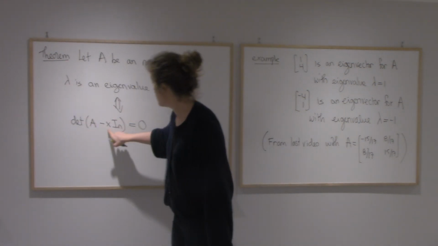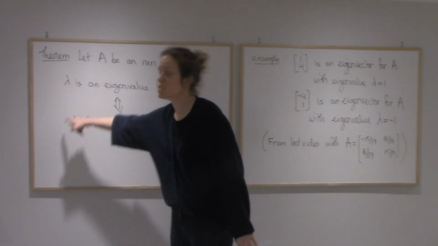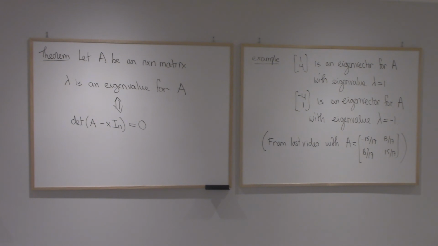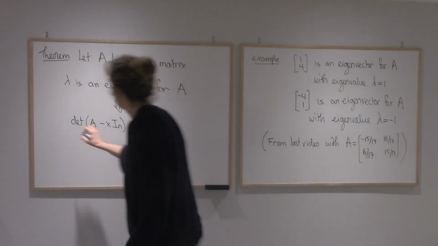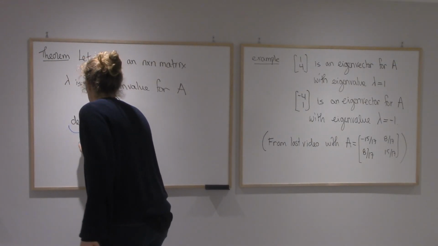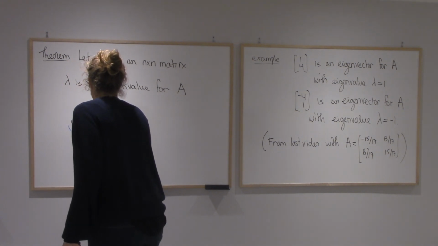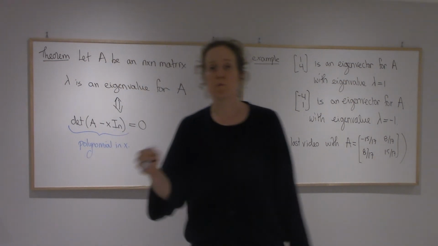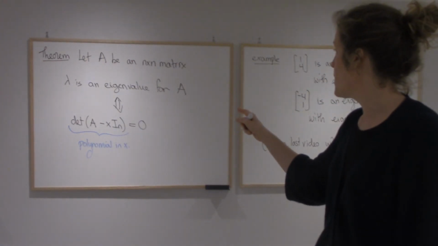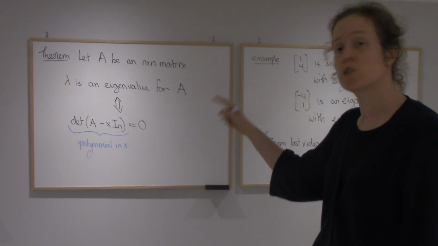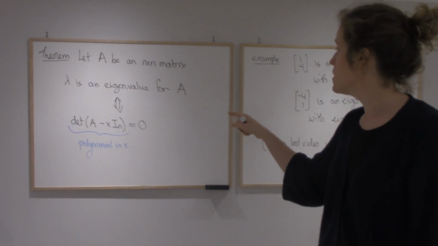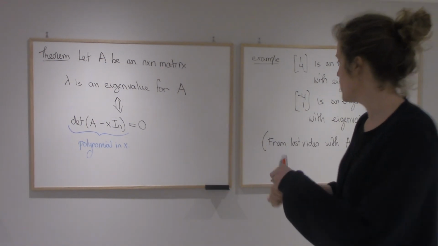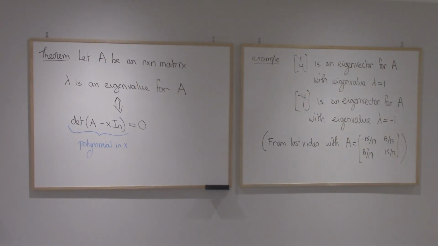This is going to be a determinant, but the matrix depends on x, so this is going to turn out to be a polynomial in x. So when we want to find the eigenvalues, we'll just look at computing this determinant. We get a polynomial, we find its zeros, we have the eigenvalues, and then hopefully we can find the eigenvectors from them.